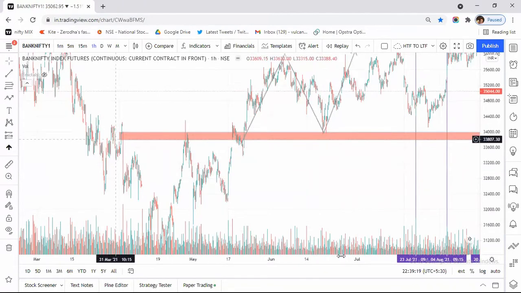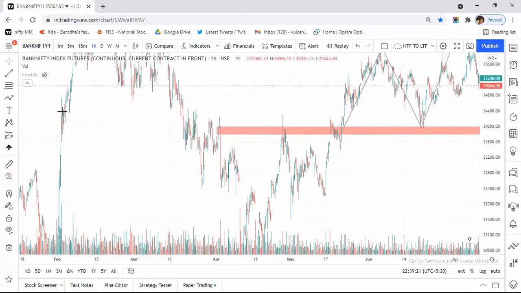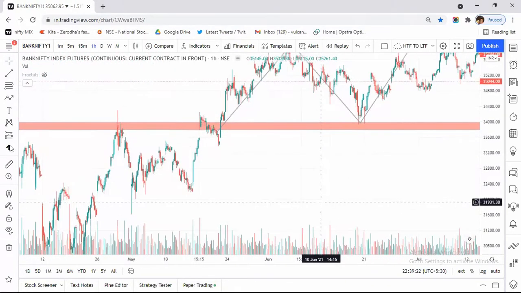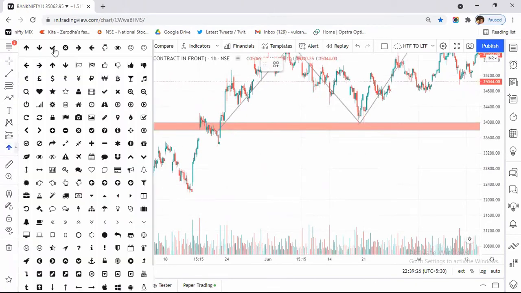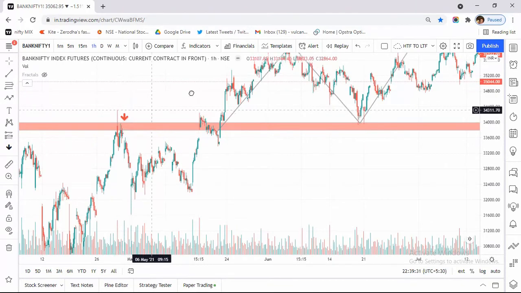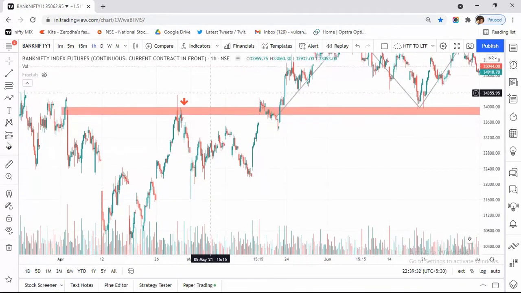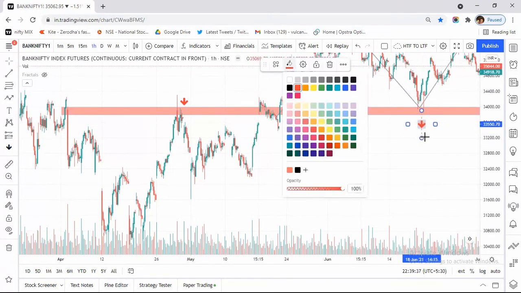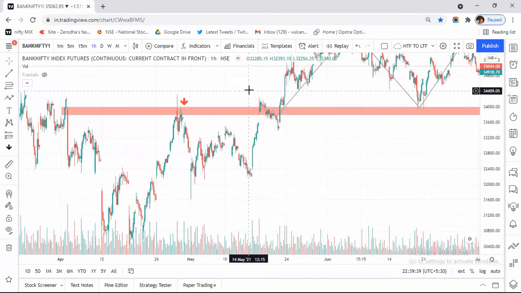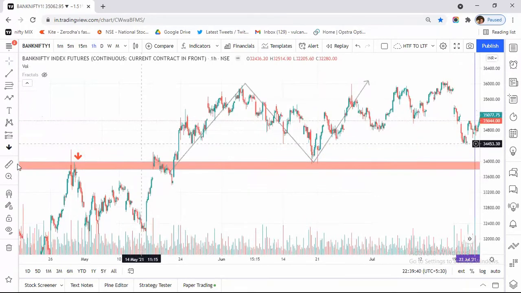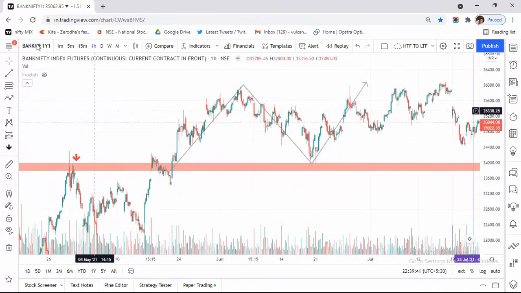After drawing a simple supply and demand, you can get a short entry here when price rejects that level, and you get a buy entry here when price accepts or breaks that level upside and comes back to retest.